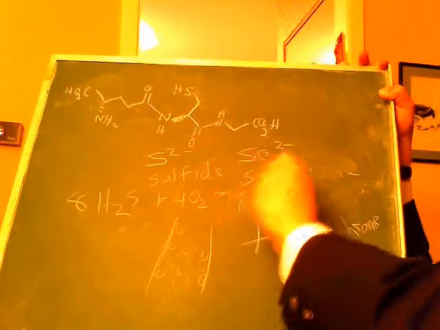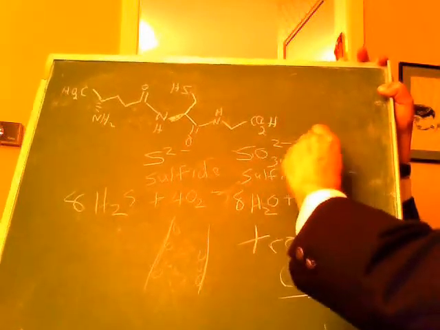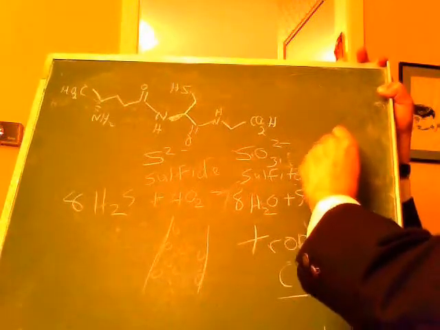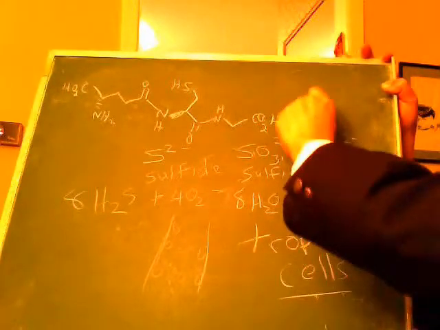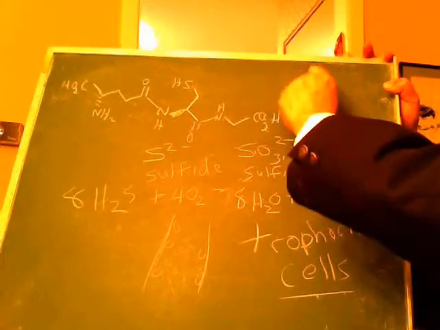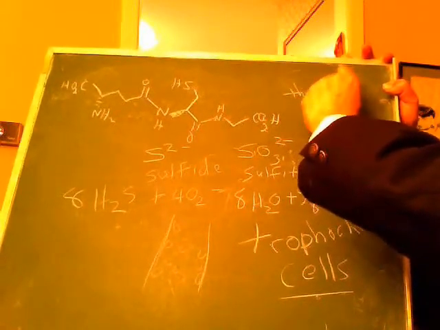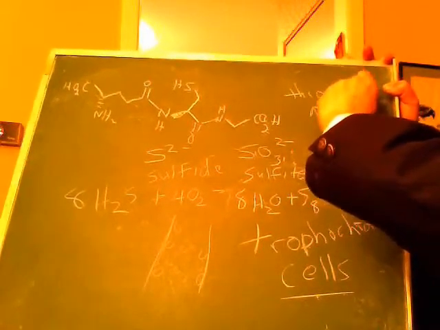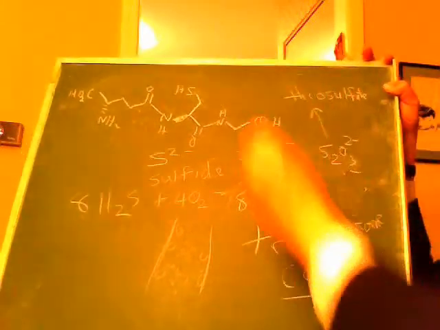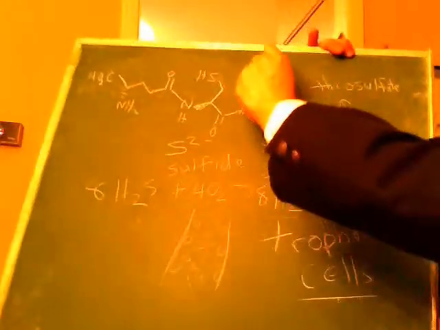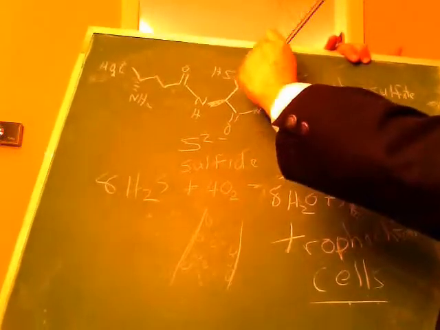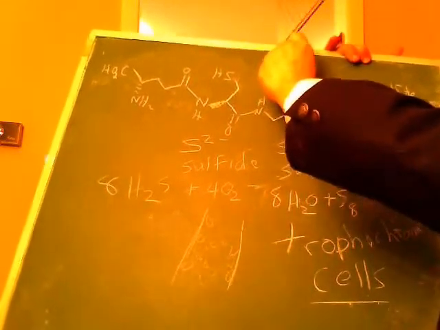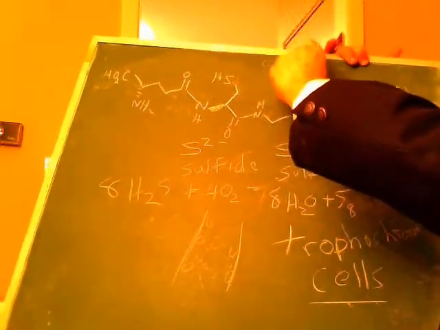And we also have S2O3 2 minus, which is called thiosulfate. Another form of sulfur is sulfate, which is SO4 2 minus. These are some of the commonly occurring oxidation states of sulfur.